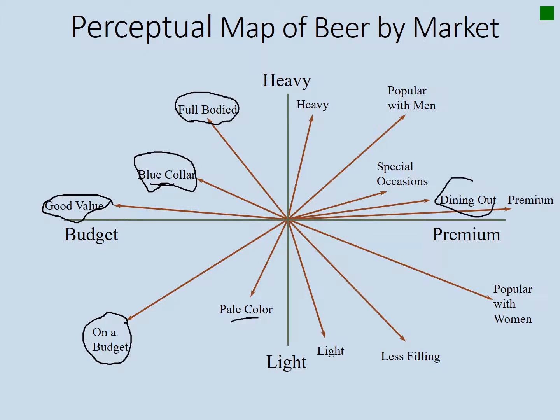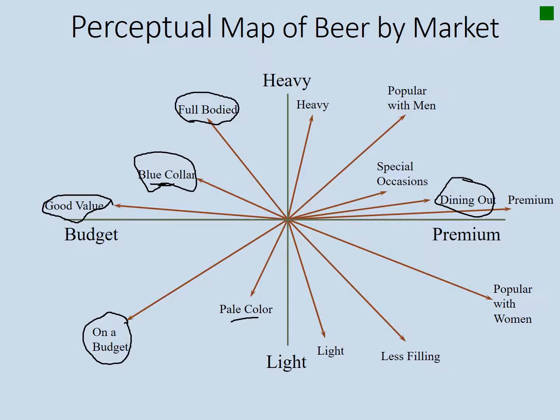People who are dining out, they're willing to spend a little bit more, but they don't want to have a heavy feeling, and so on. Okay, so we have different market segments defined on this particular map, but we're still using the determinant attributes of budget or premium price and then product quality, heaviness or lightness.